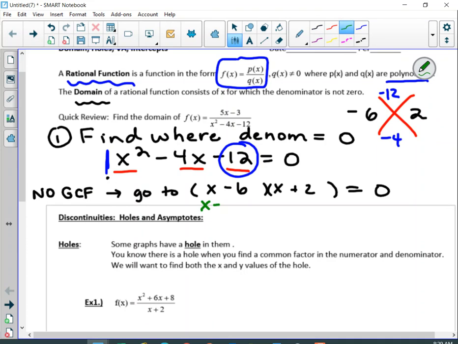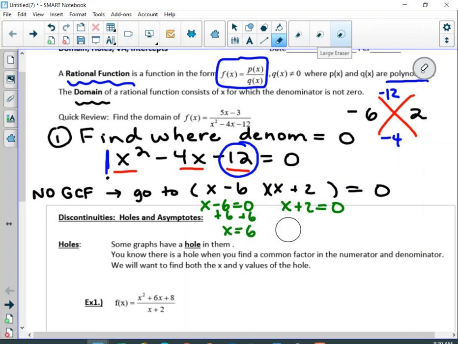Now, each factor I set equal to 0 and solve. So x equals 6, and x equals -2.